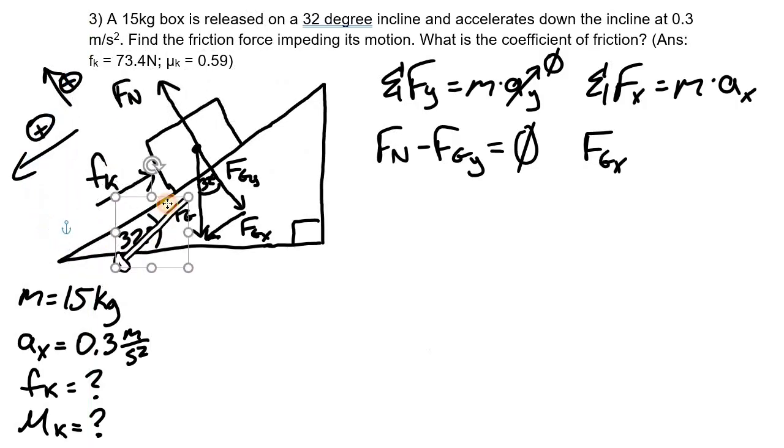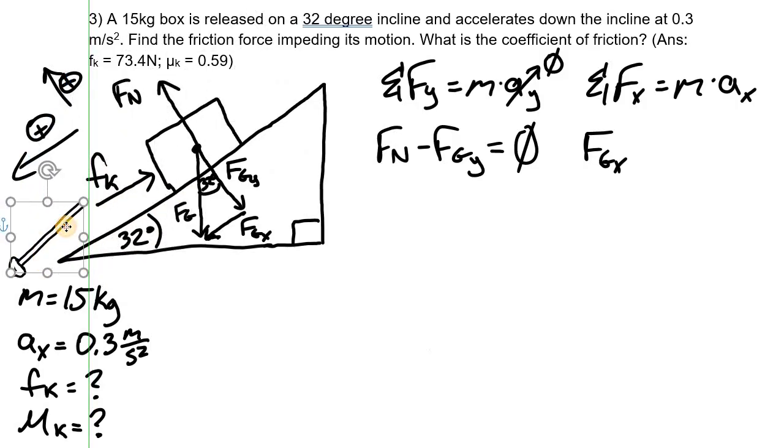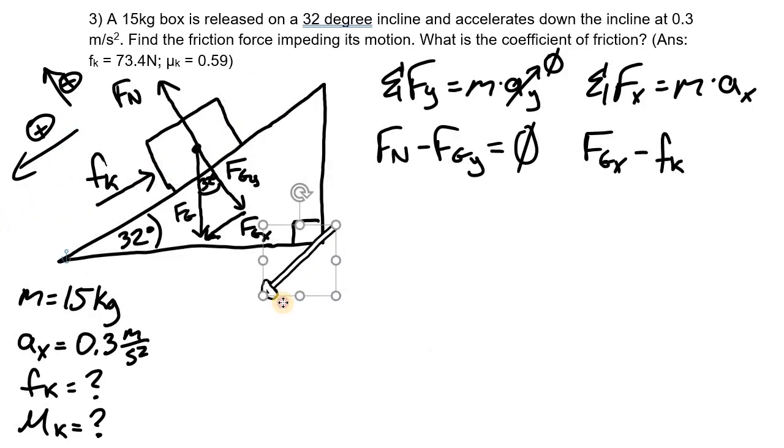No. But we do have FK, our kinetic friction, in the opposite direction. Okay. And those look like the only two that we have. Now, is the box moving in this direction? Well, yeah, it's sliding down the ramp. So therefore, we do have an acceleration, and we're being told what the acceleration is. It's 0.3 meters per second squared. So all I'm going to do here is just drop this down. And we have our setup for this problem.